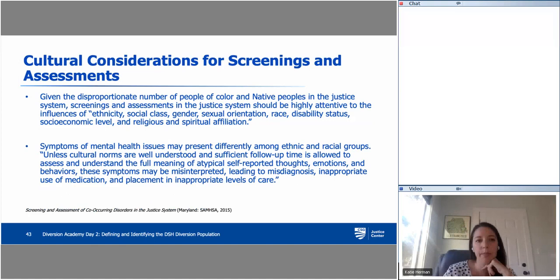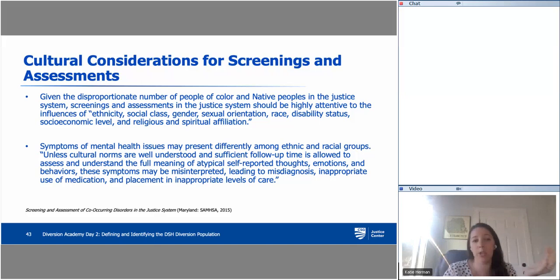We also wanted to talk a bit about the cultural considerations for screening and assessment. I don't want to just read slides, but given the disproportionate number of people of color and Native people in the justice system, screening and assessments should be highly attentive to the influences of ethnicity, social class, gender, sexual orientation, race, disability status, socioeconomic level, and religious and spiritual affiliation.